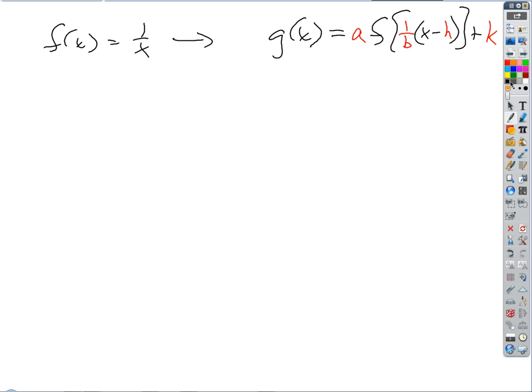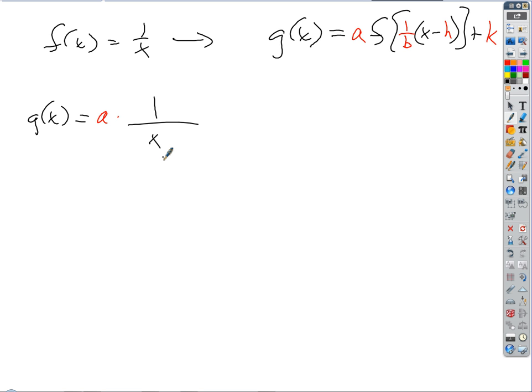So what's that going to look like for us then? g of x equals, well, the A goes out front always, right? So I get A times, and then my function is 1 over something, 1 over x. So where does the B go again? It always goes in front of the x, right?